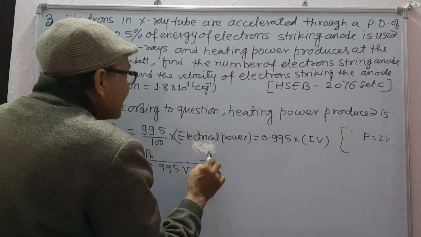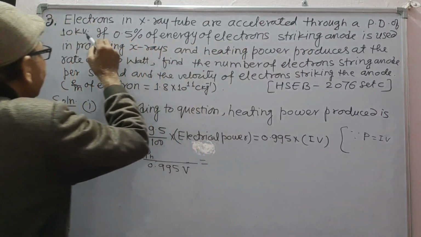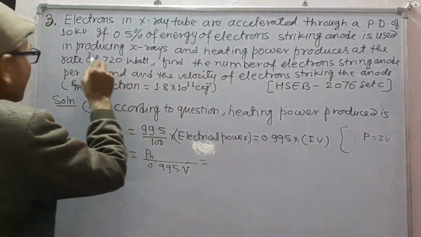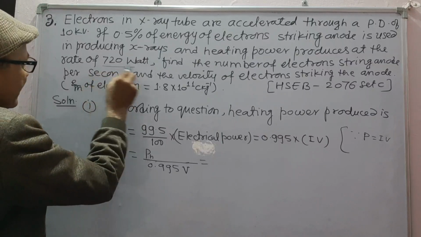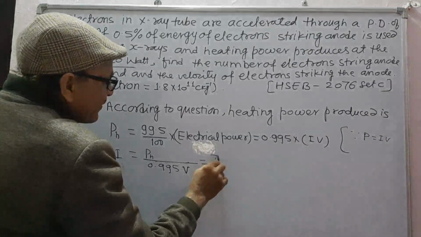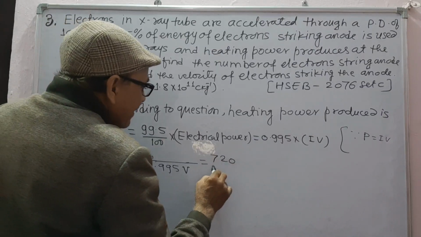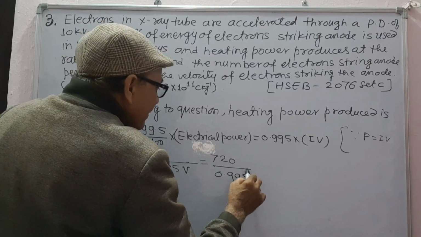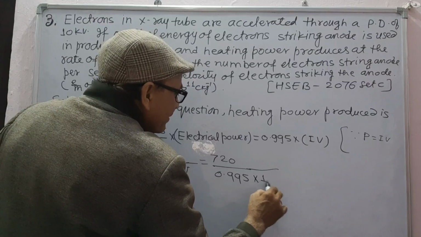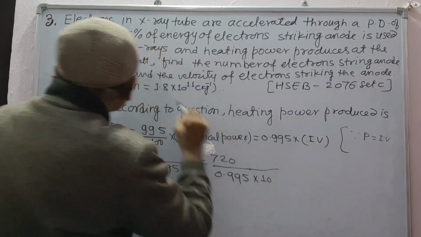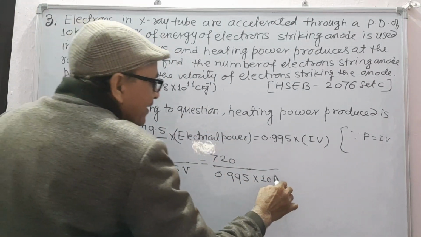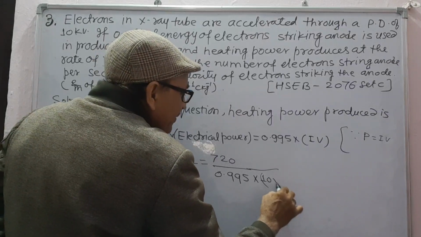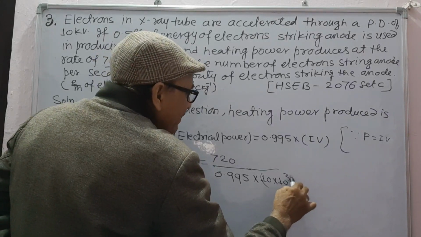P_H is given to be 720 watts. So I = 720 upon 0.995 into V, where V is 10 kilovolt, means 10 into 10 to power 3.